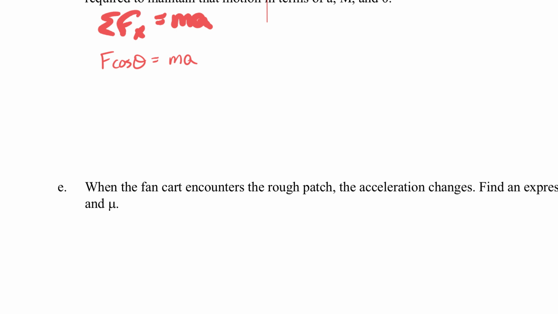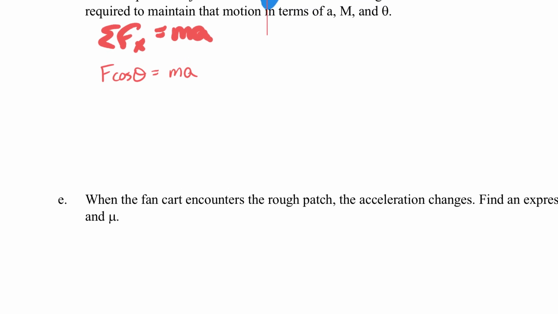I think that's all I need to do, right? I don't need to worry about the y direction because I'm allowed to have theta, m, and f here. So a equals f cos theta over m.